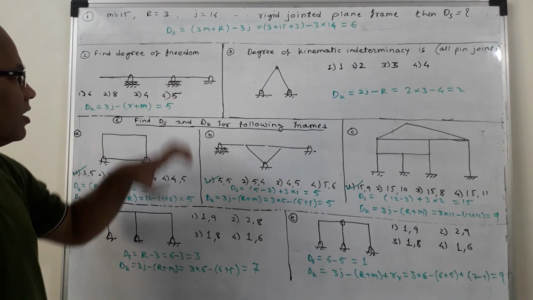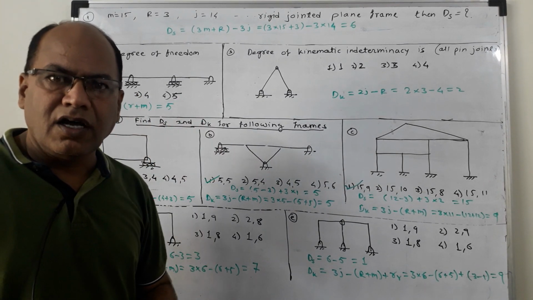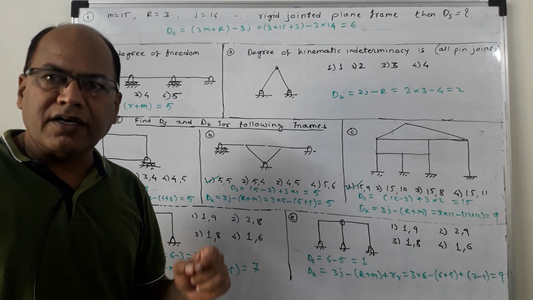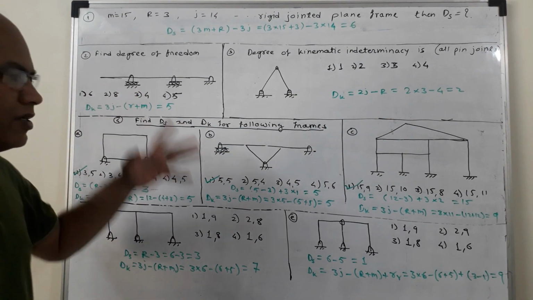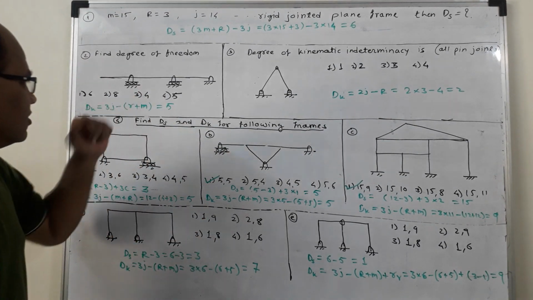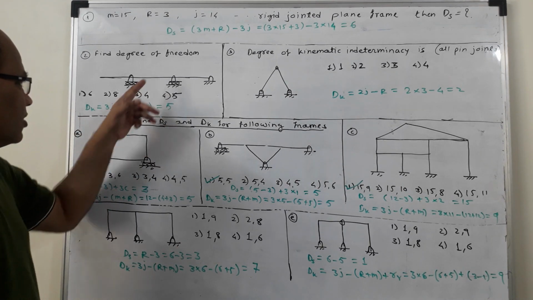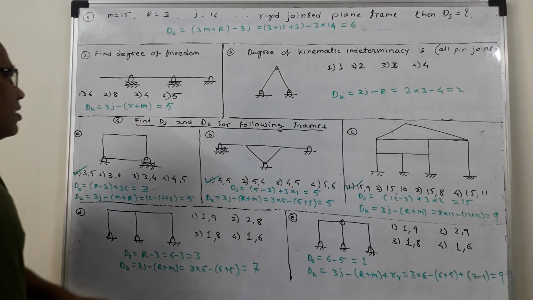As nothing is said about whether this beam is rigid or not, I am going to consider the beam as rigid, because it is usual practice to consider the axial inextensibility of the beam, and that is why the formula becomes 3j minus (r plus m). If we substitute all these values, dk becomes 5. So the correct option is option number 4.